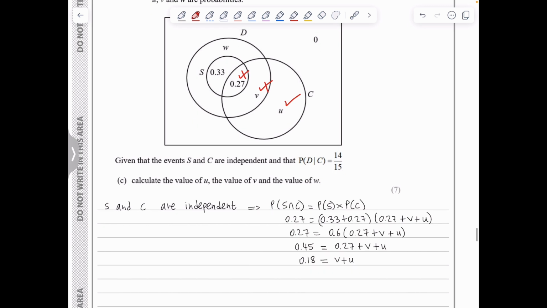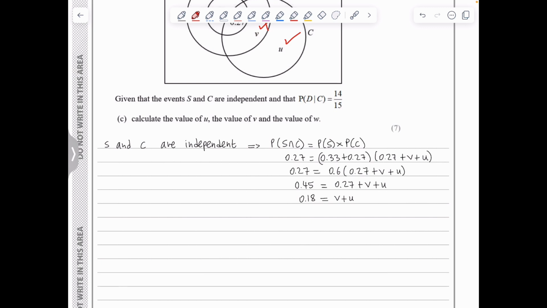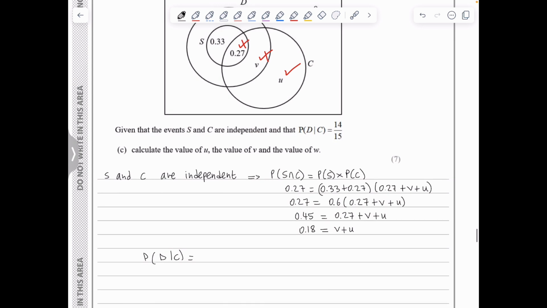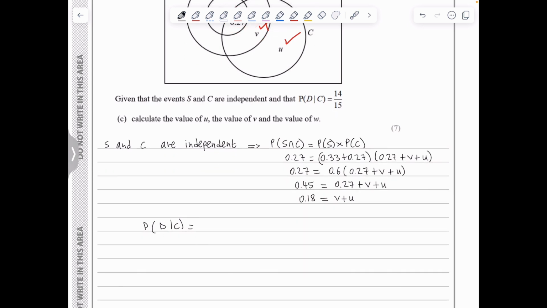So I can now say that the probability of D given C is what I have double ticked, the 0.27 and the V, over what I have ticked once, so 0.27 plus V over the 0.27 plus V plus U, and this has been given to be 14/15.